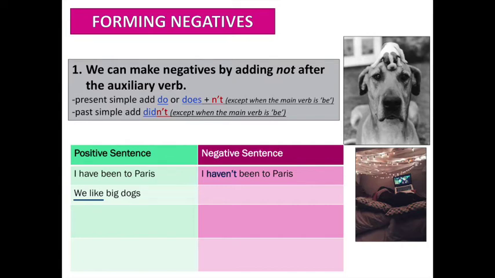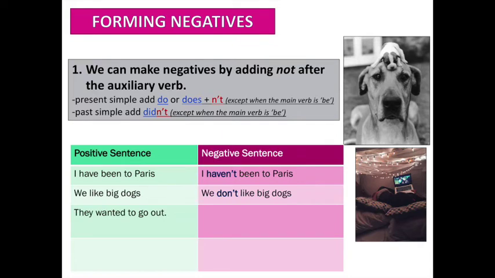So here, the negative sentence is "we don't like big dogs." You add the auxiliary do and then your negative word in the abbreviation n't. Or you could say, "we do not like big dogs."